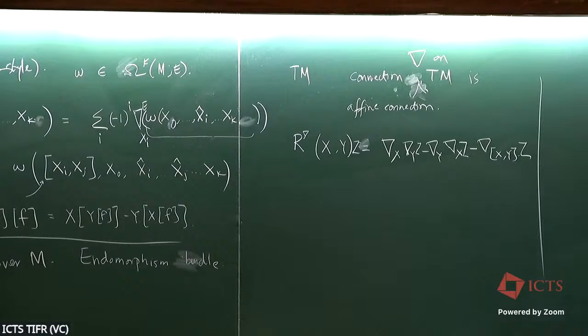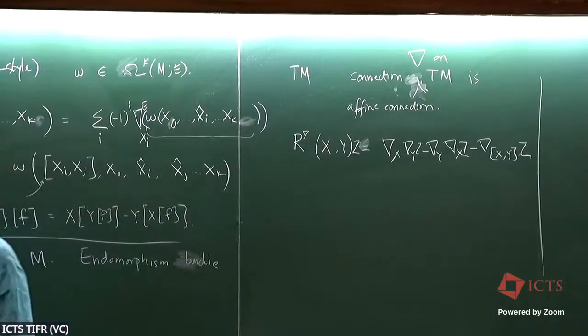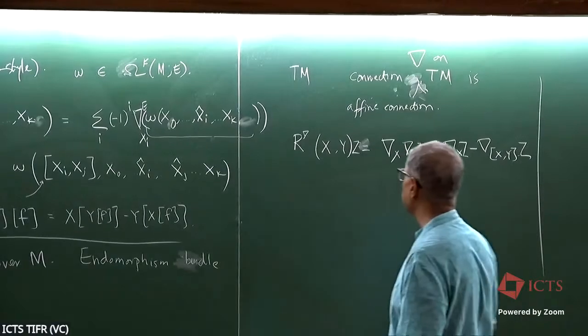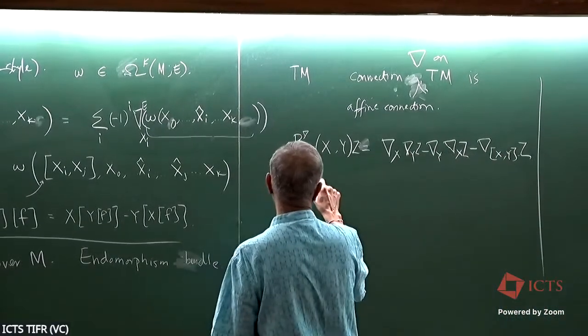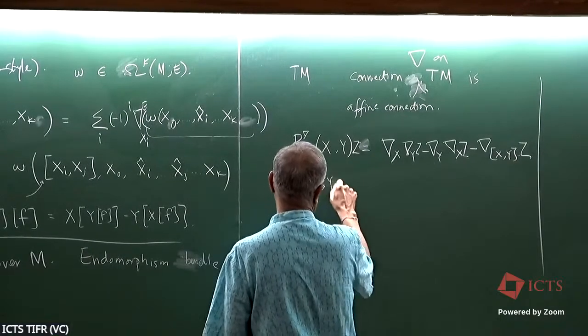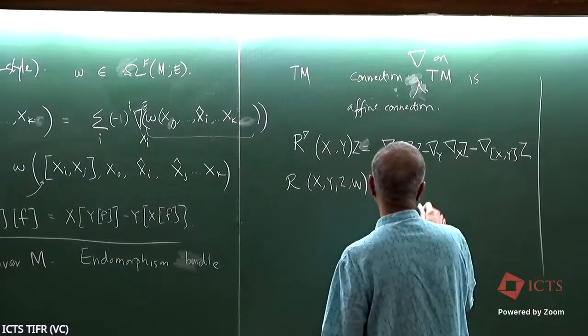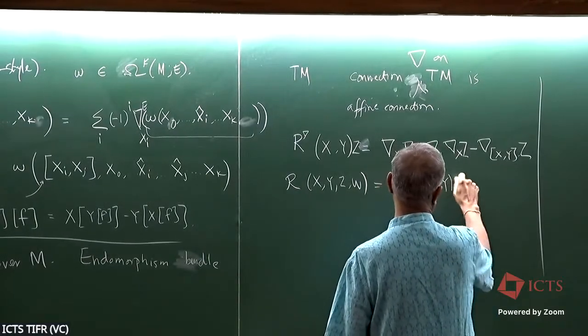So it is really the curvature we know as R is an endomorphism valued 2 form. It's an example of an endomorphism valued 2 form on the TM bundle. And the Riemann curvature tensor is just, if you have a metric, then it's R(X, Y, Z, W).